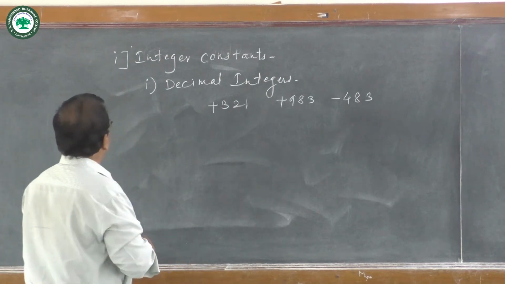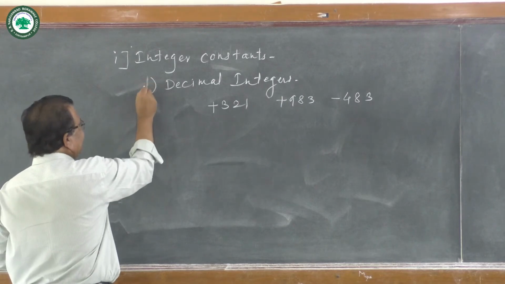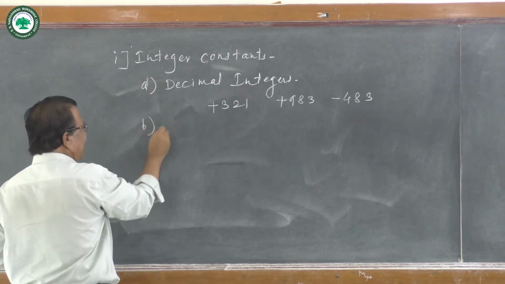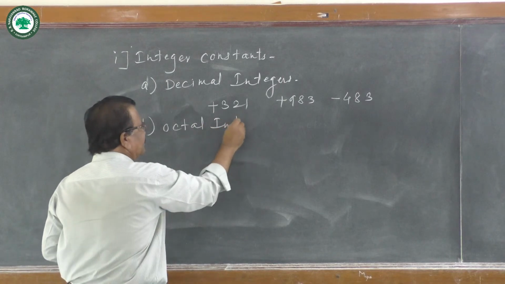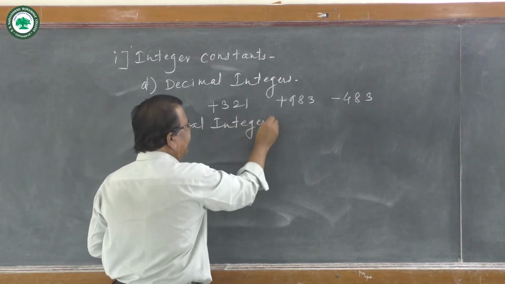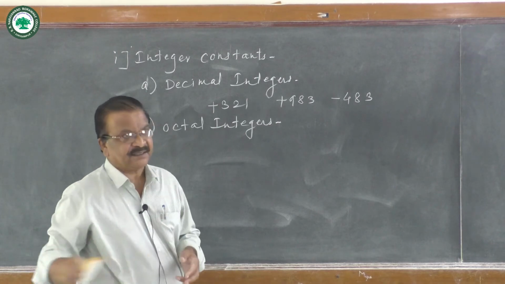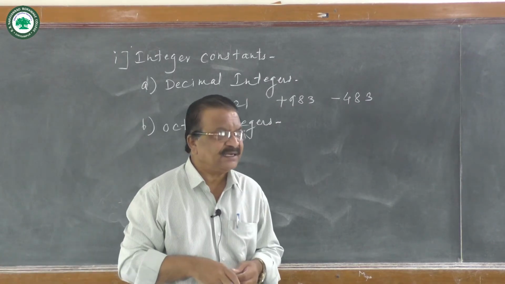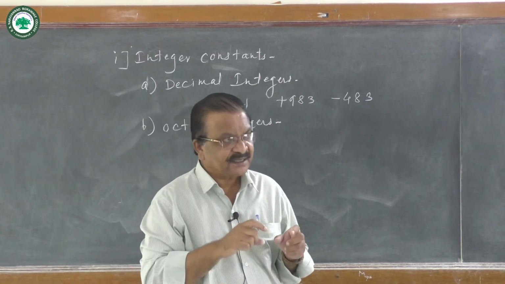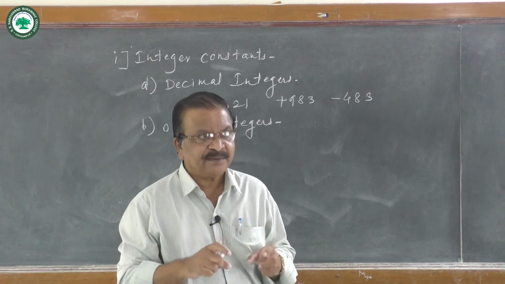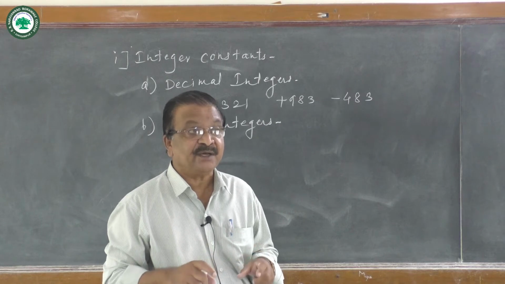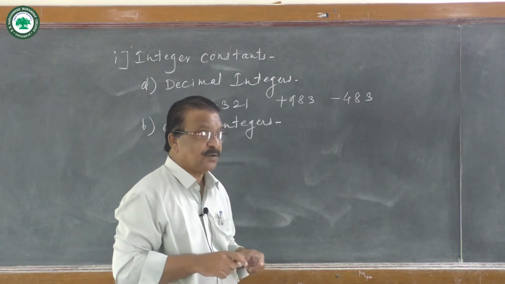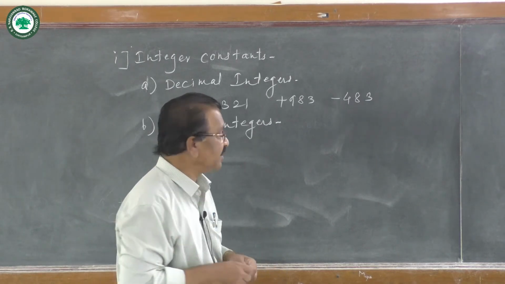Then we have octal integers. Let us label decimal as A, then B are octal integers. As the name indicates, octal means 8. These are base 8 numbers. They consist of a set of digits from 0 to 7 preceded by letter O, where O stands for octal.